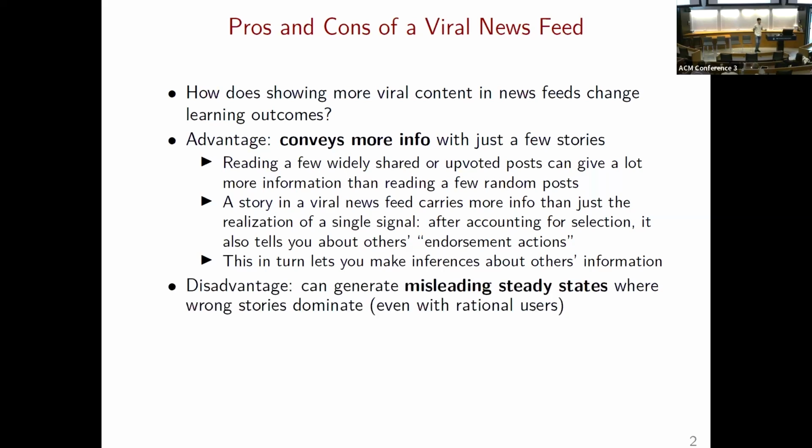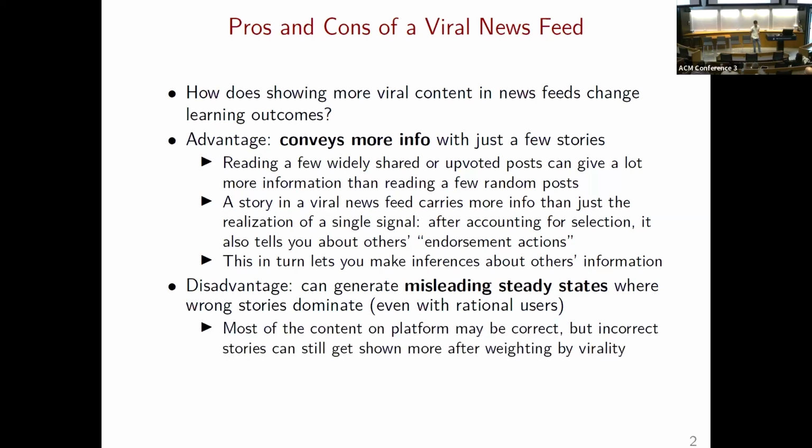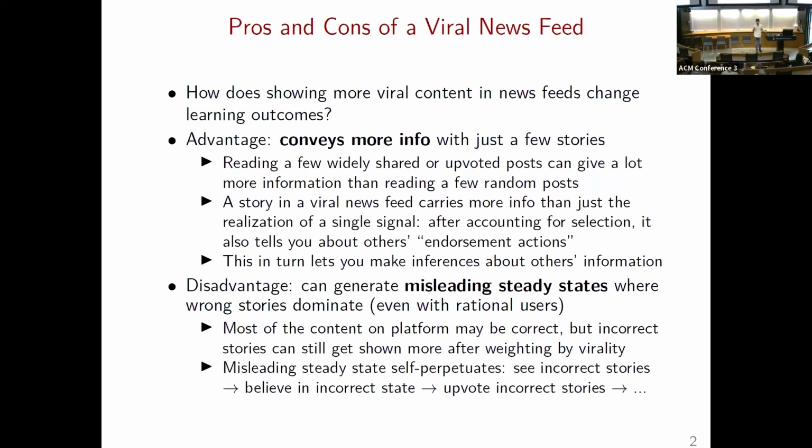A downside, which you might imagine, is you can end up in feedback loops where learning goes around. We call these misleading steady states. And what we show is this can happen even with rational users trying to share accurate content. The intuition behind these is that most of the content on the platform might be correct, but these incorrect stories can get shown more after we account for virality, after we think about the fact that the algorithm is mostly showing more popular stories.